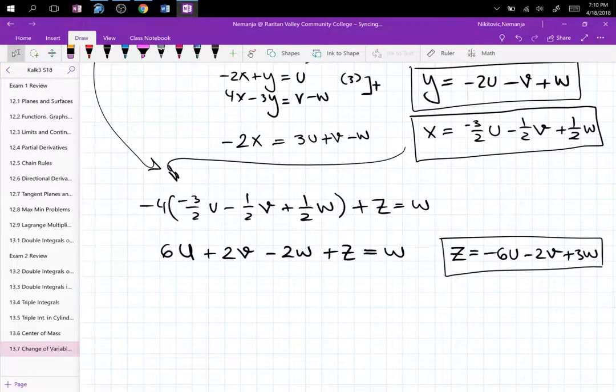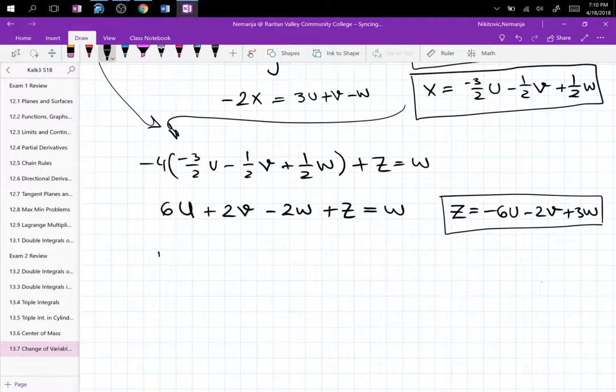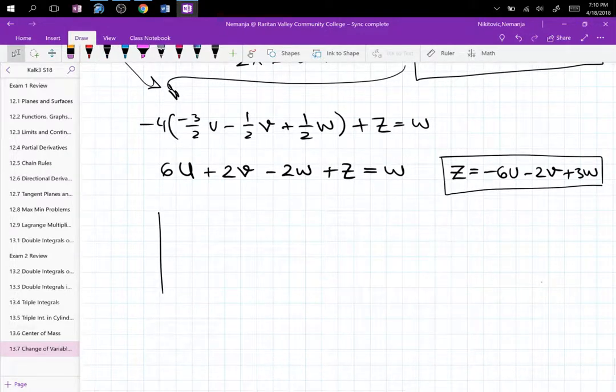So now we have our region in our 3D realm over here.